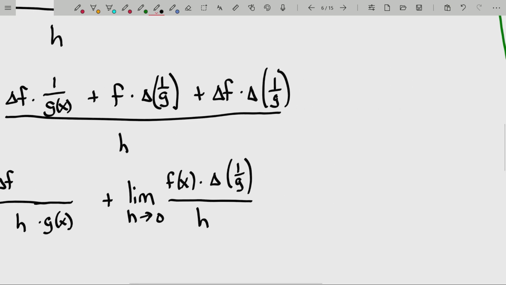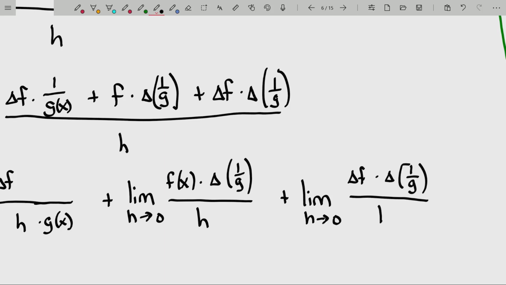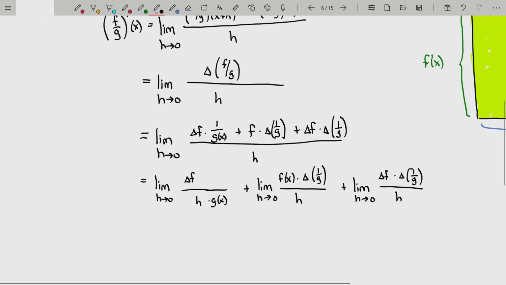And then finally, plus the limit as h goes to 0 of that last stuff, change in f times change in 1 over g, and again, this is all over h. So I just split it into 3 fractions. Nothing big. Baby stepping my way through, that's all.